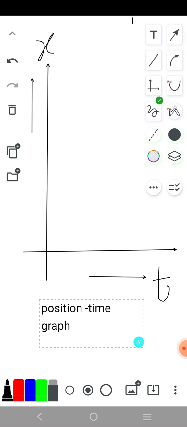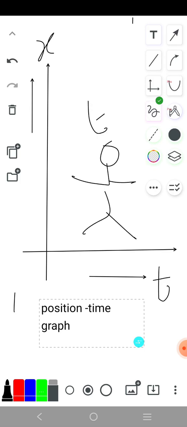Now one thing students, when the object is at rest, the speed of the object is 0. That means the object is not changing its position with respect to time. Let us consider, suppose there is an object here, let me draw an object.